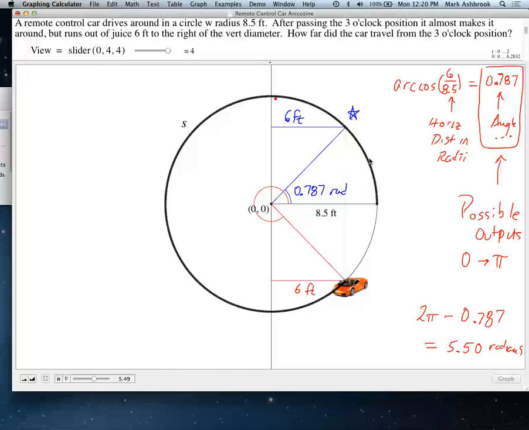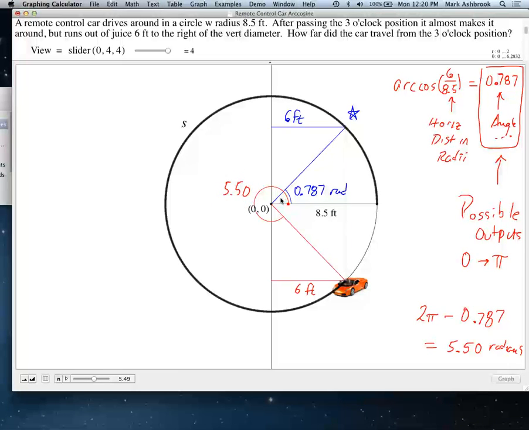And now we're home free, and we can get this distance if we understand what a radian is. So how do we get that distance in feet if this angle is 5.50 radians? Yeah, Scott. Multiplied by 8.5. And why would you do that? Because that's the radius line, so you just convert it back to the original measurement.